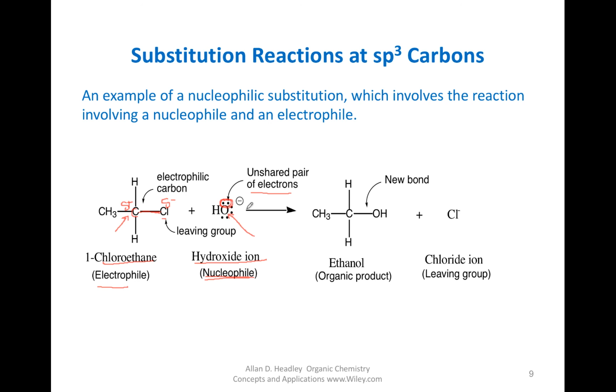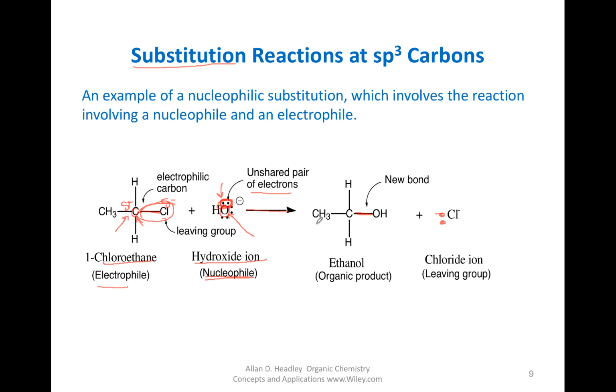So if a reaction occurs as a substitution reaction, we'd expect this oxygen to bond to this carbon as shown here. Notice that these electrons are right here, and this chlorine actually takes those bonding electrons, as I should have included 2 electrons here.